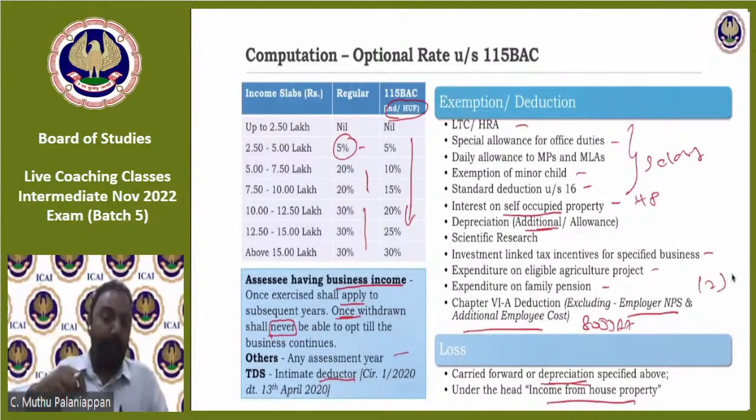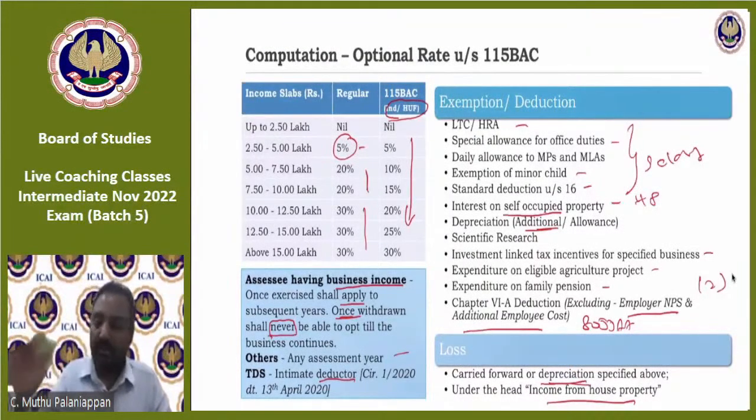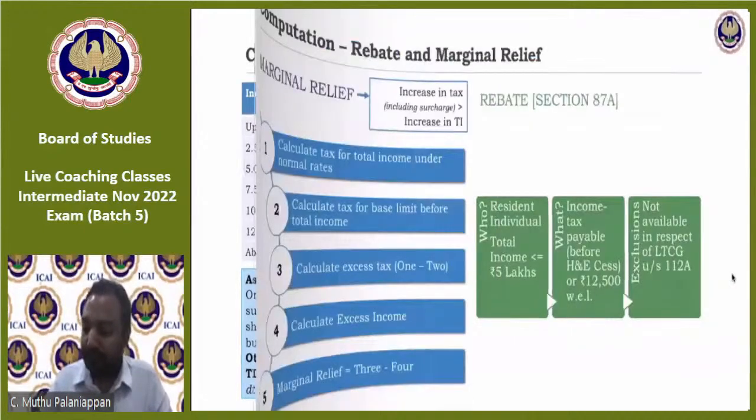So the employee must intimate the employer that for this current year, I will be applying 115BAC. So the salaried person must intimate the deductor. So that is about computation.